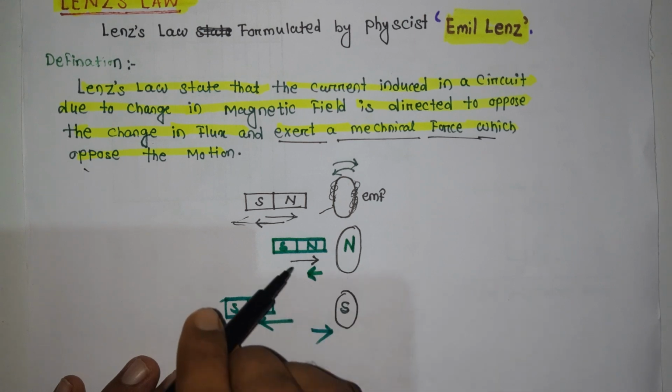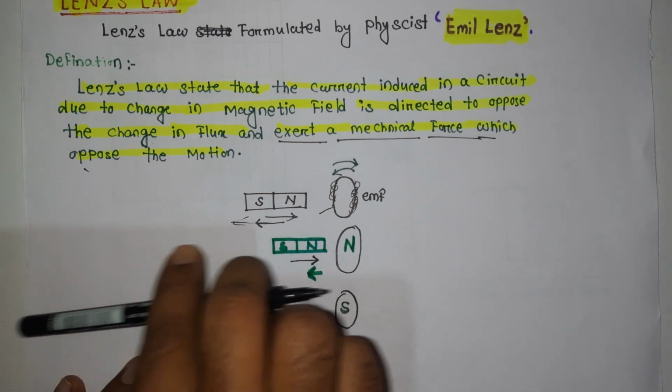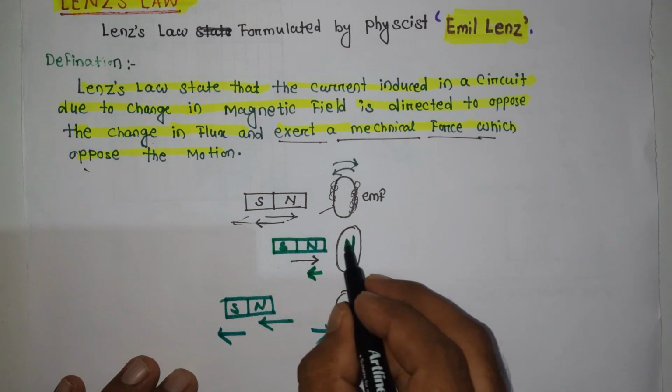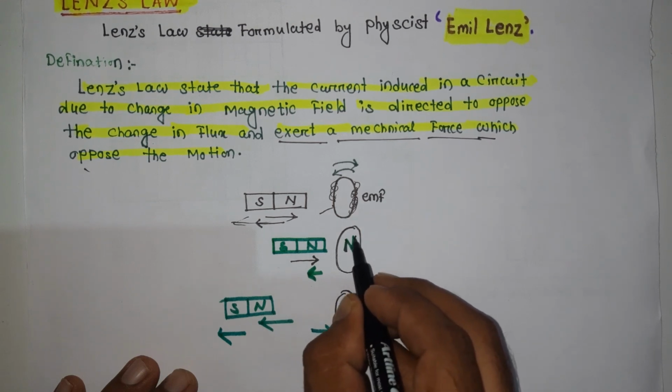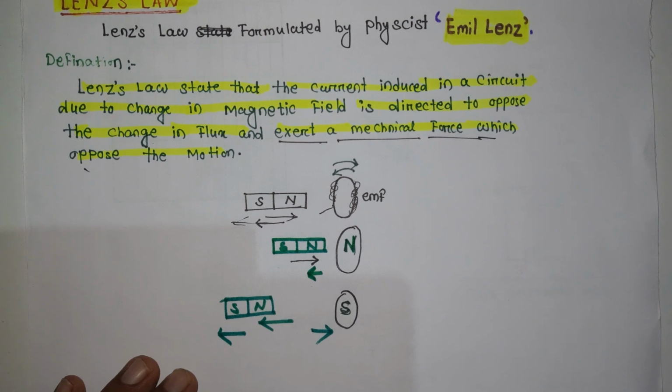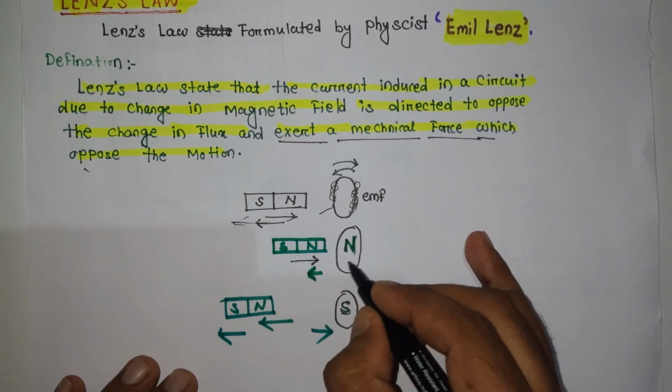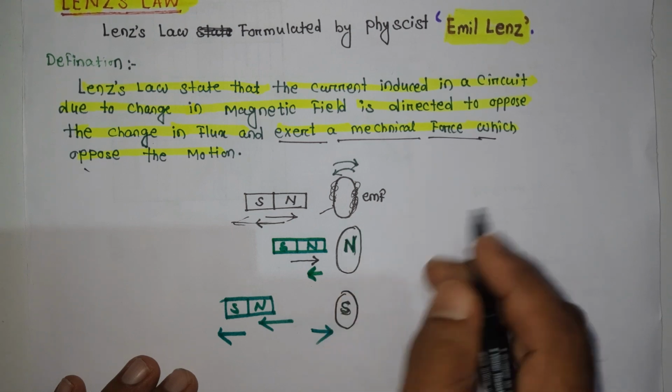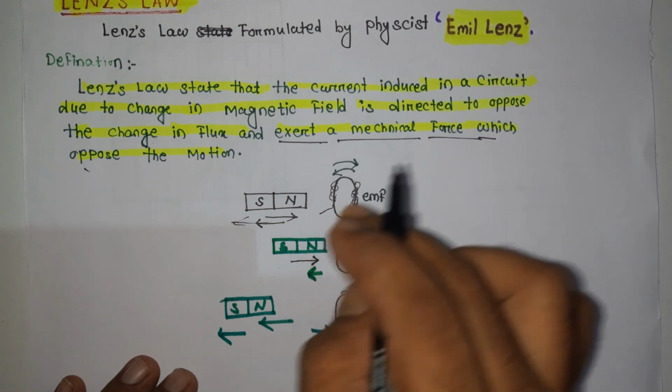So if the magnet moves toward the coil, the coil's face becomes a north pole, and if the magnet moves away from the coil, the face becomes a south pole. From this we decide the direction of the EMF or the direction of the current.